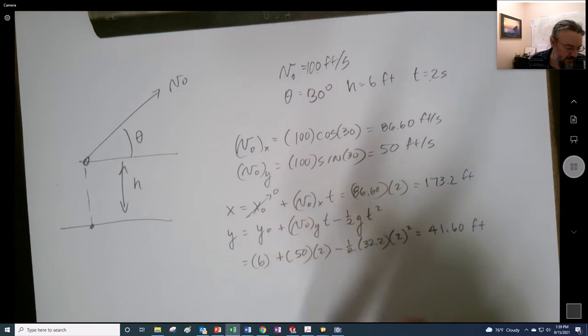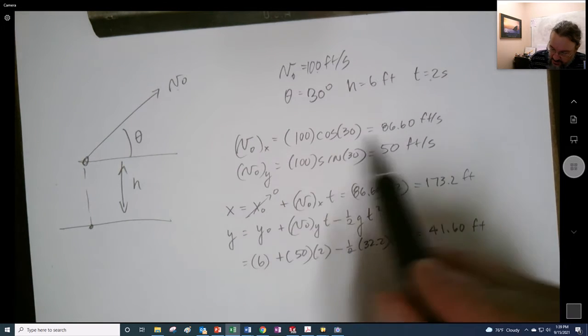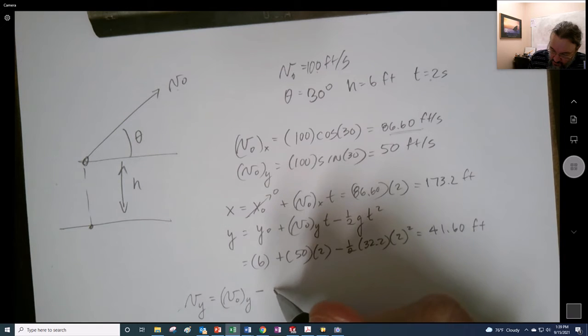Do I need the velocity? Yes, because you need to do the coordinate transformation. The velocity in the x direction is constant, but the velocity in the y direction is the original velocity in y minus g times time.